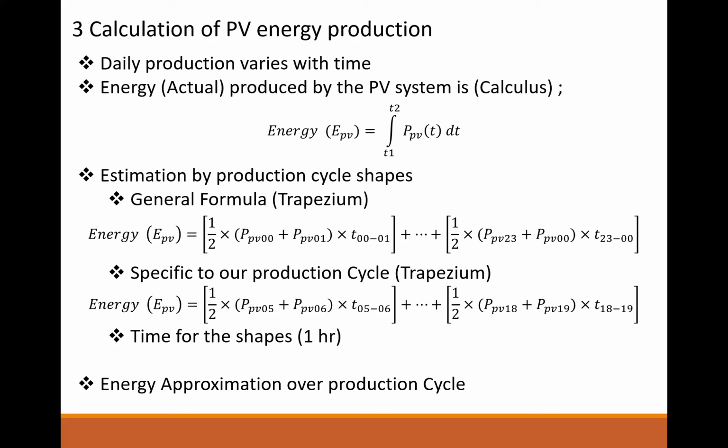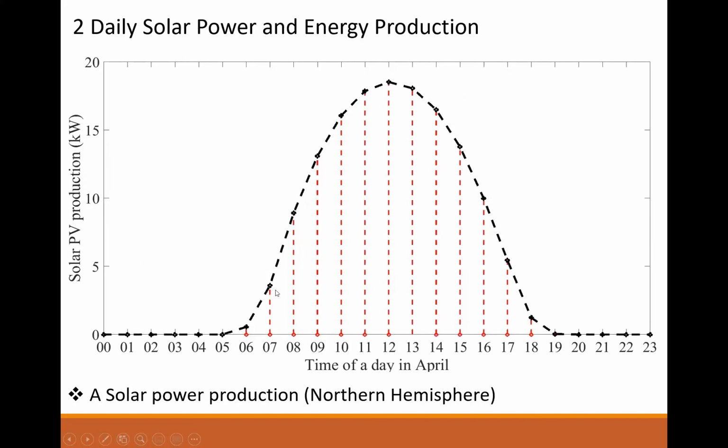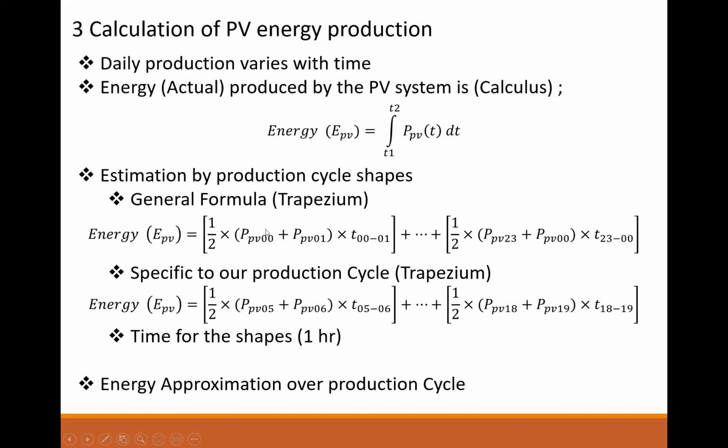But again, we can illustrate a general formula. If we look at these shapes, it gives us a trapezium, which is half times A plus B times the height. In this case, our A and B are the power at each time, and the time interval, which of course is 1 hour.